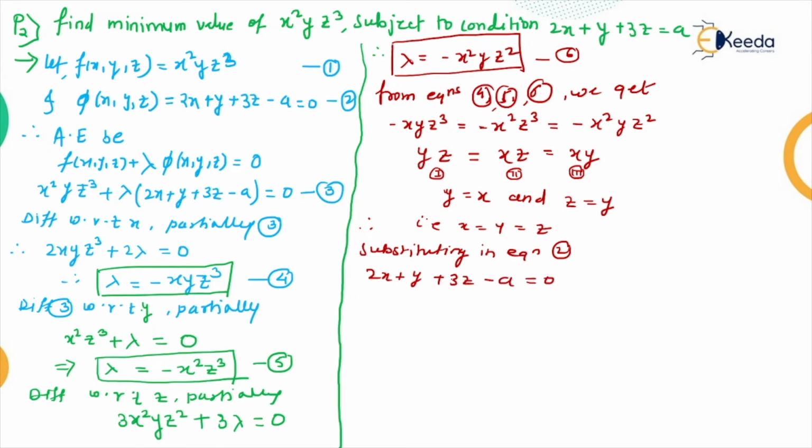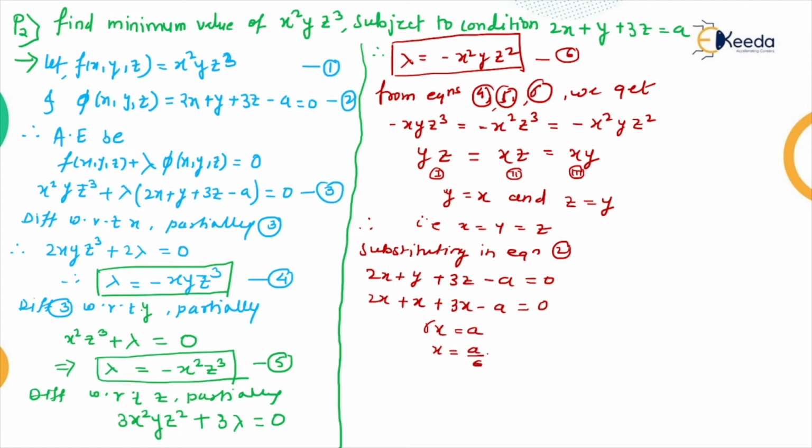Since y and z become x, this is 2x plus x plus 3x minus a equal to 0. So 2x plus x is 3x, plus 3x is 6x, and 6x minus a becomes plus a on the RHS, therefore x is equal to a divided by 6.